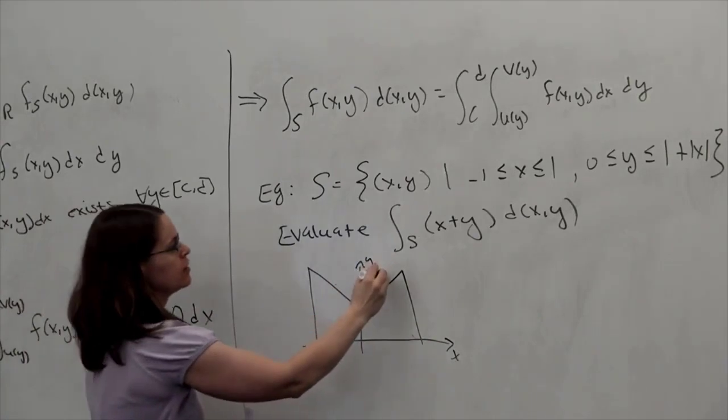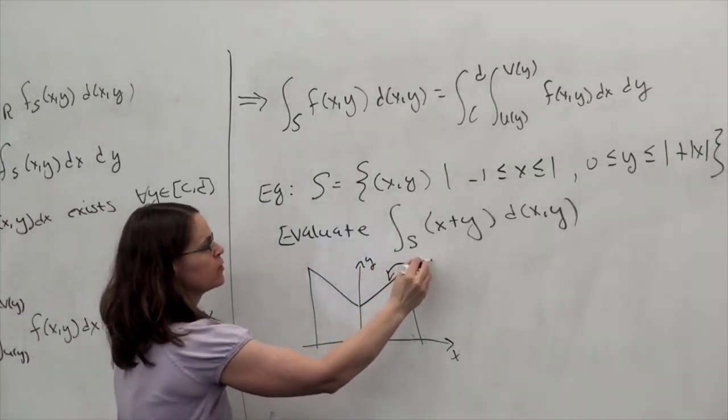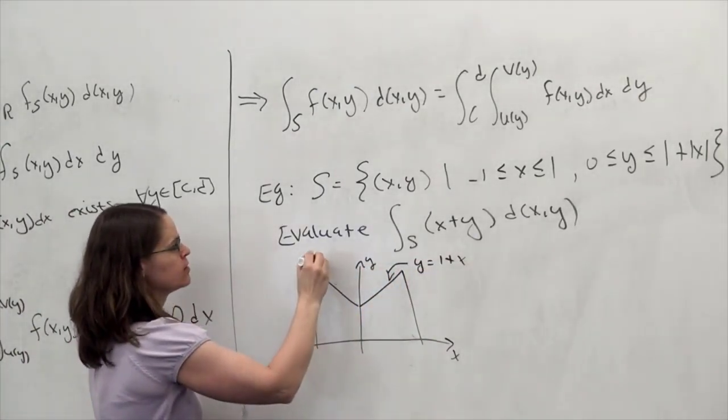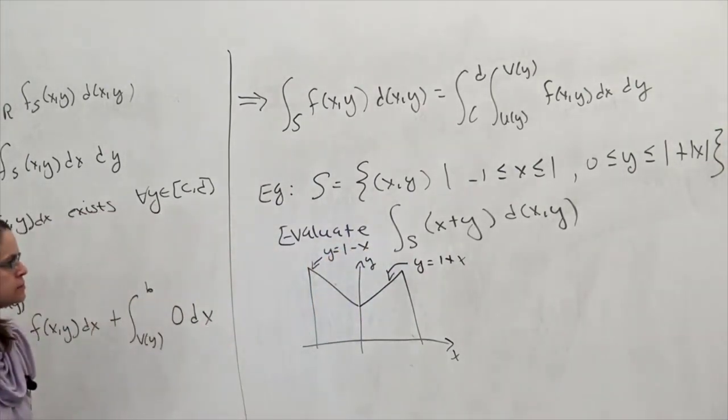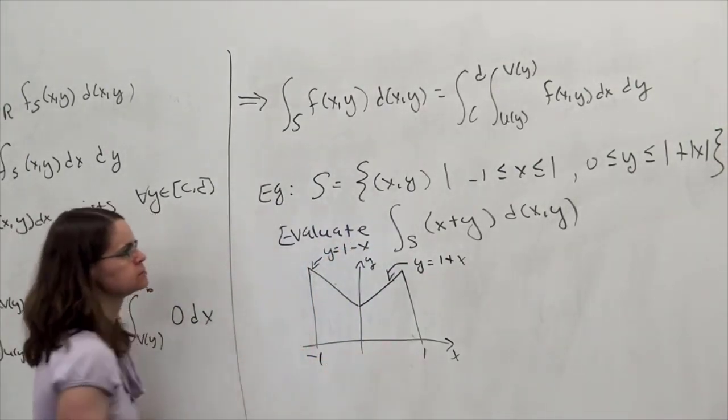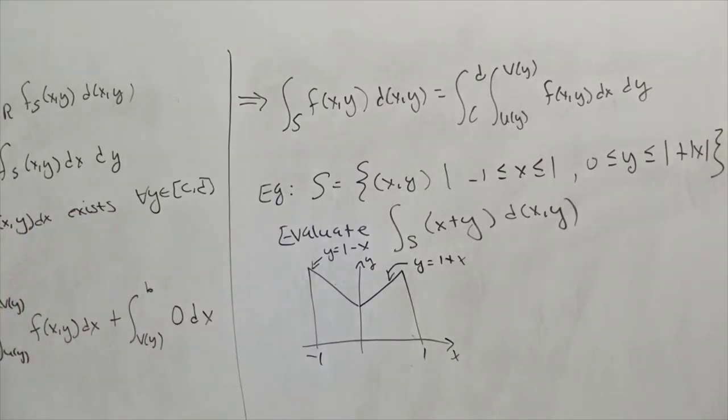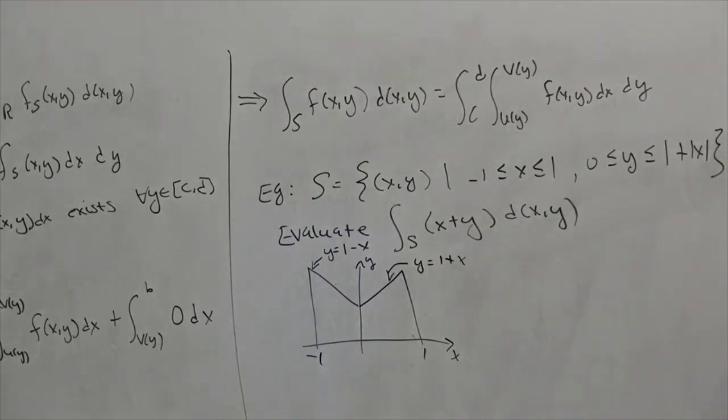So here on this side, this is y equals 1 plus x. This is y equals 1 minus x. Once again, the boundary of this is just made up of a few straight lines, which is a perfectly well-behaved object in 2D that has 0 content.